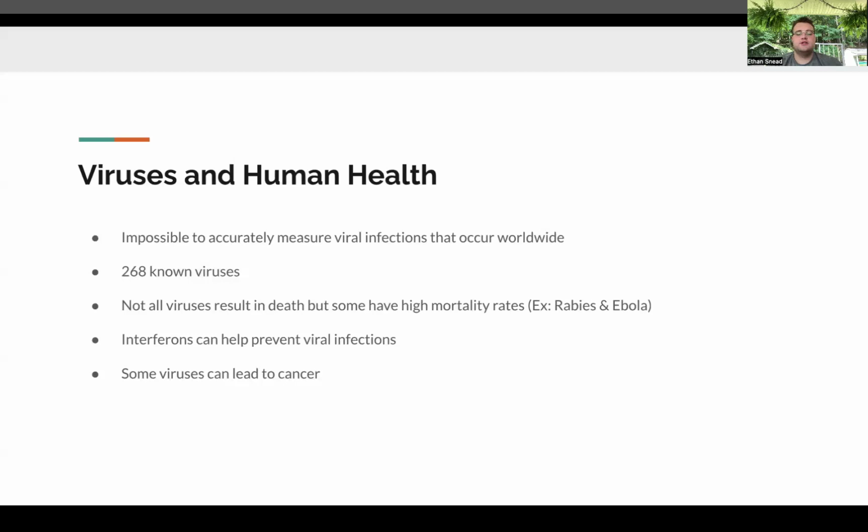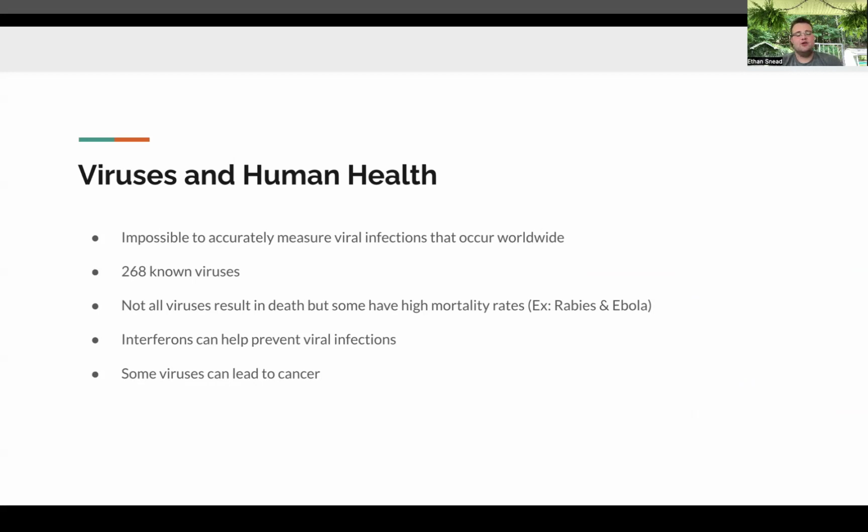Not all viruses can result in death, but some do, and some have extremely high mortality rates, such as rabies, which is usually caught from different animals, such as raccoons, and sometimes dogs and wolves. And then Ebola, which was a big epidemic back in the early and mid 2010s, and it gave us a lot of knowledge on different types of viruses as well.